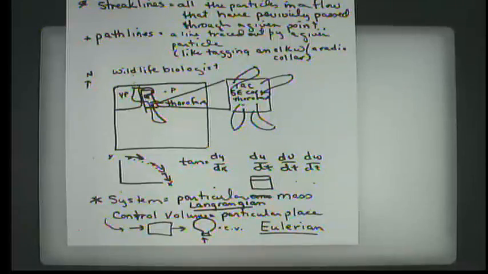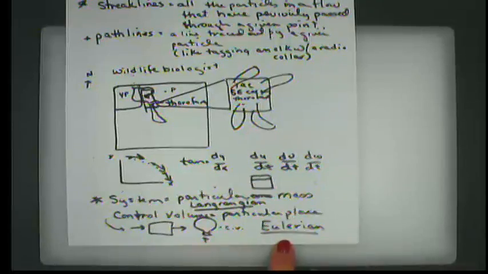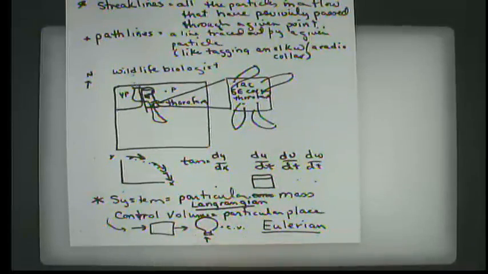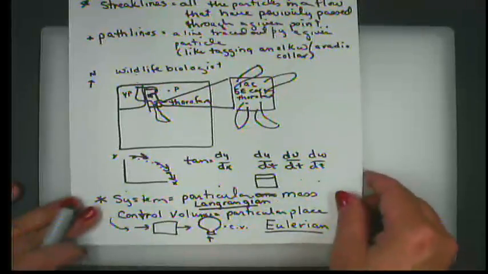Or if we tag an elk, and then we look at the movement of the elk, those two are both Lagrangian or system approaches. But control volume, we have a pipe, we have a flume, we have a cup that we pour water in and out of, we have a tub that we pour water into or out of. All of those things are Eulerian in nature and have more to do with the control volume than with a Lagrangian approach.